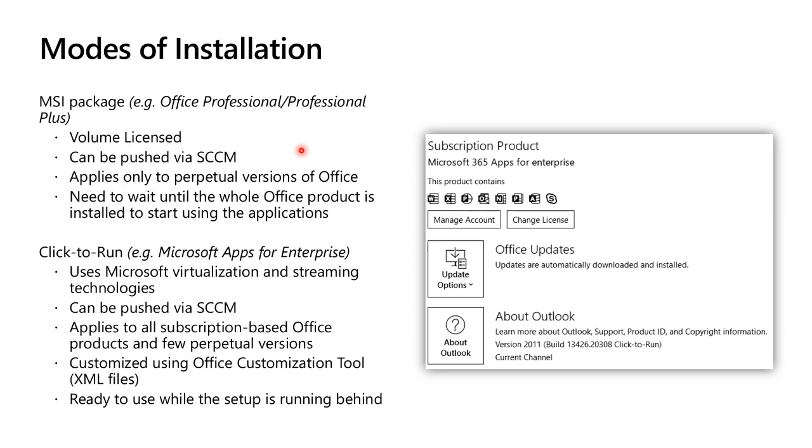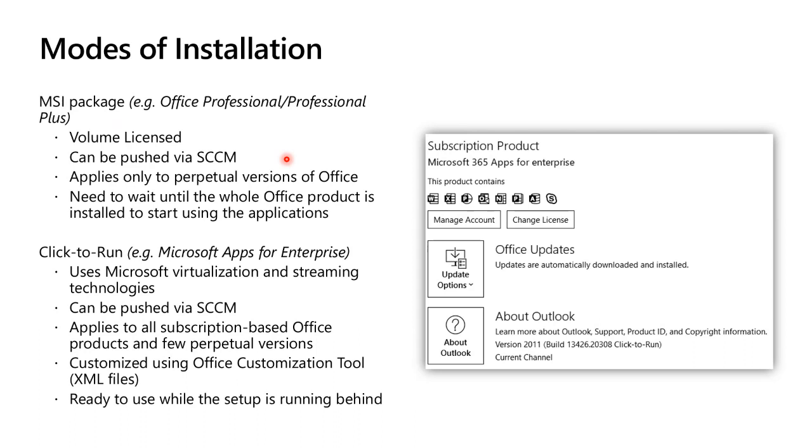One of the widely used types would be using SCCM. That is System Center Configuration Manager, which is now called Microsoft Endpoint Manager. So MSI package as well as C2R both can be pushed via SCCM.